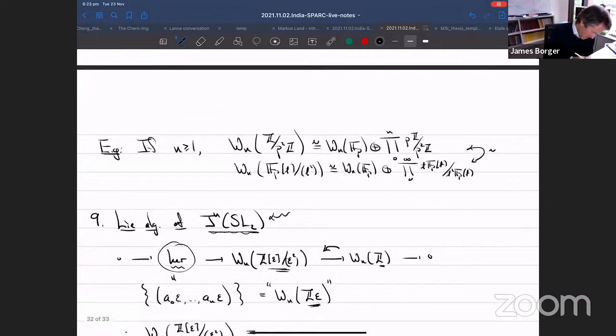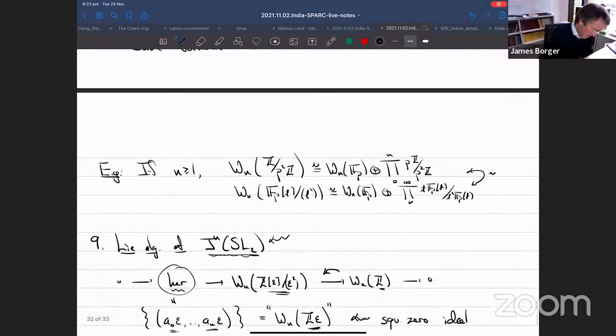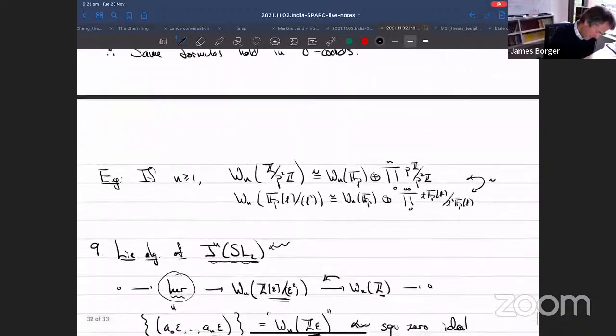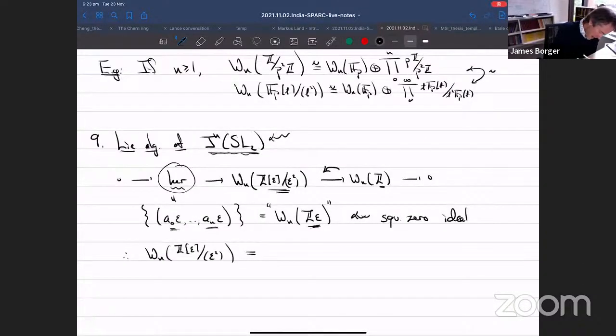Yeah, let's actually go right, because of the multiplication. Remember the multiplication. So this is a square zero ideal. The multiplication laws, if we go back, were these, but if all the x's and y's are in the same square zero ideal, then all these products here will all be zero. And all these components are in just the one-dimensional square zero ideal of this very simple ring.